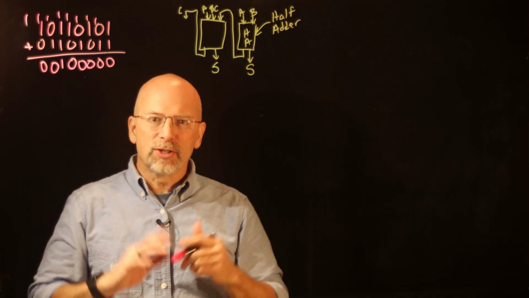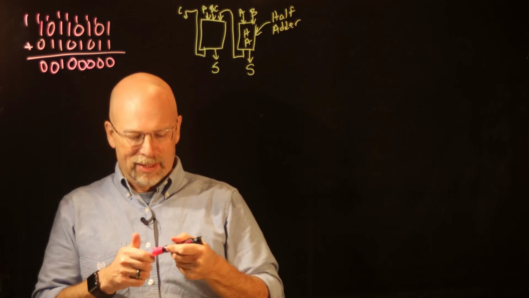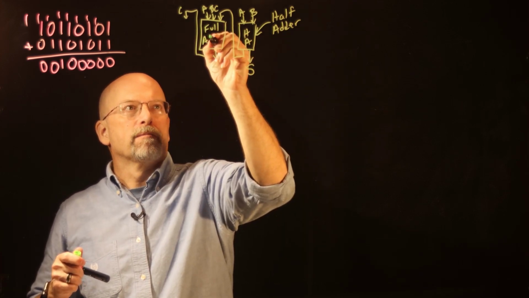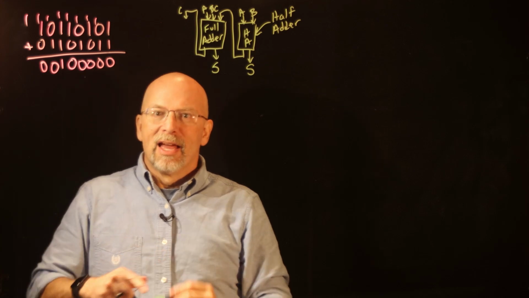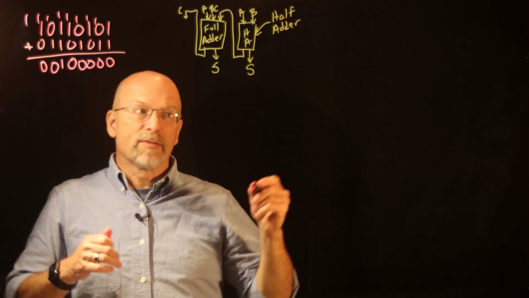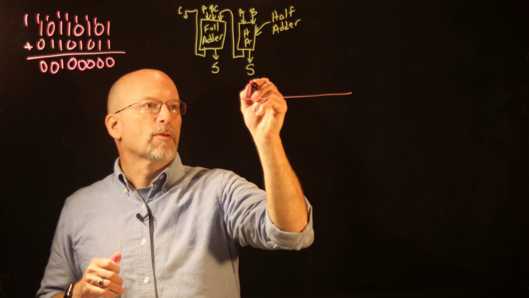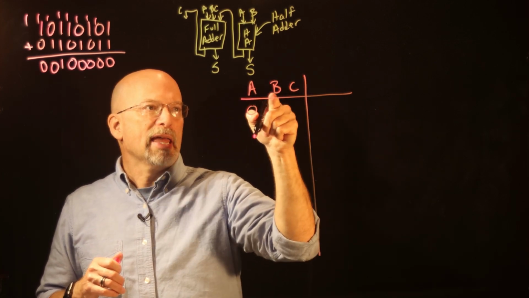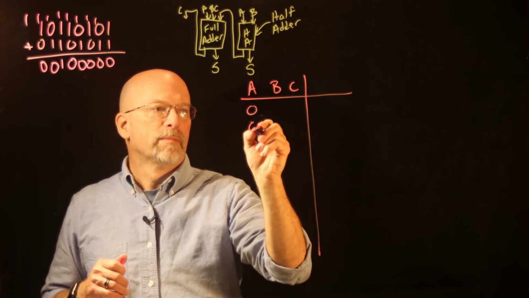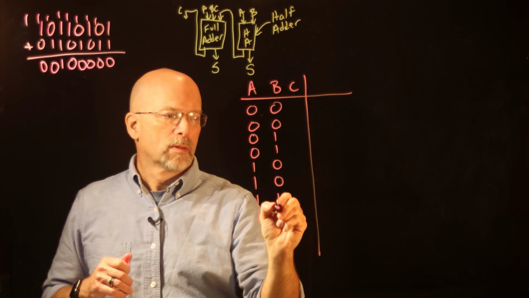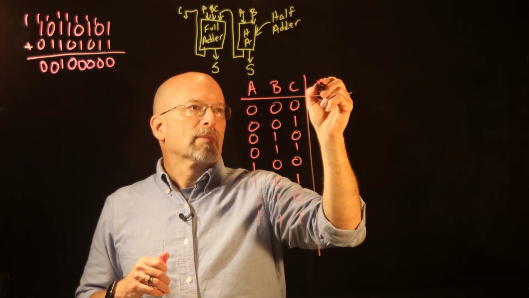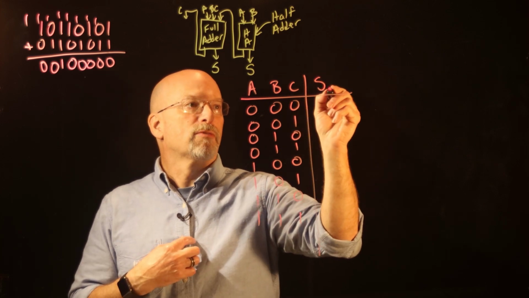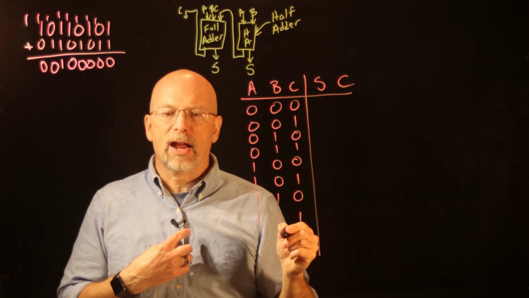The truth table for the full adder is going to have 3 columns, because we have 3 inputs. So let's make our 3-input truth table here with A added to B with a carry from the previous column. And now we also need 2 columns, 1 column for the sum and 1 column for the carry out.